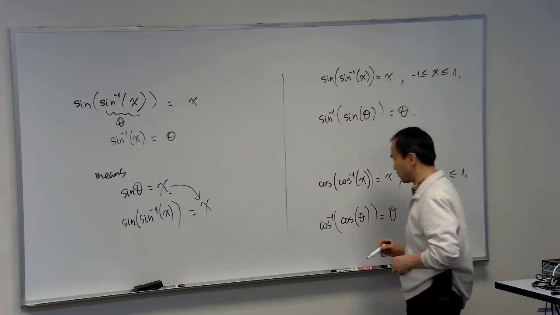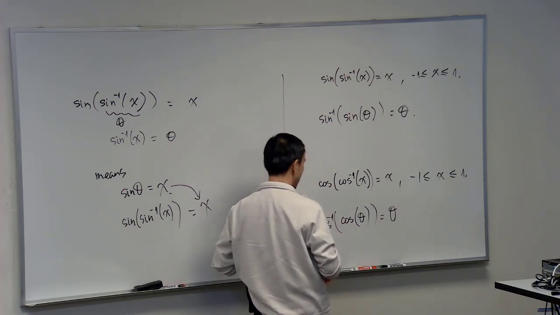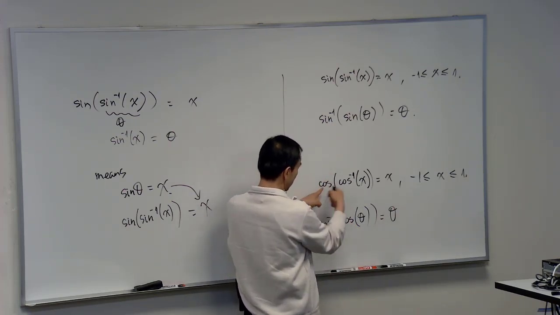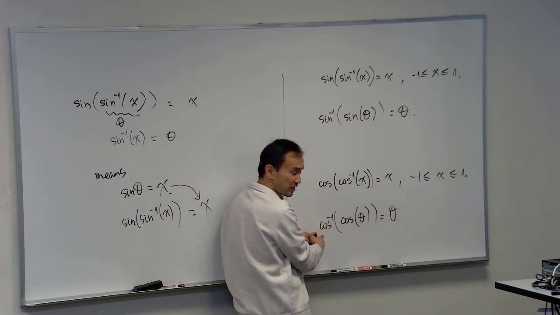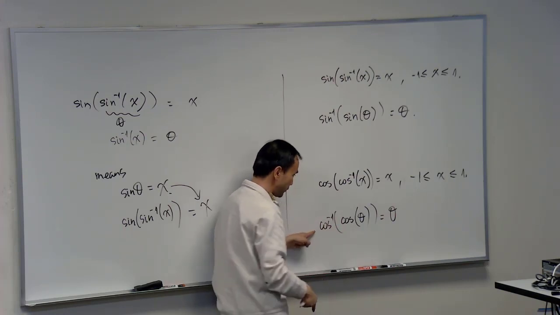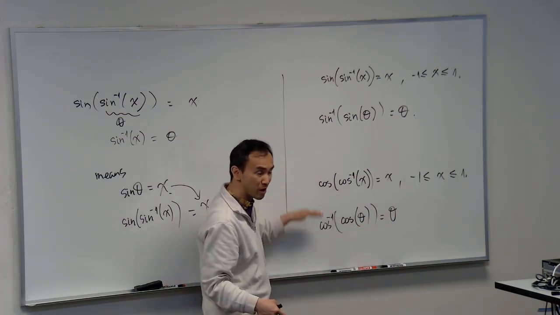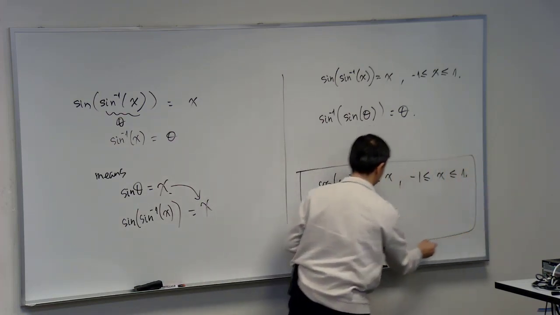With these, we famously refer to them as the round trip properties. Taking cosine of cosine inverse gives you the exact number, or the other way around, taking cosine inverse of the cosine gives you the exact value. That's why the two properties together are one round trip property for cosine.